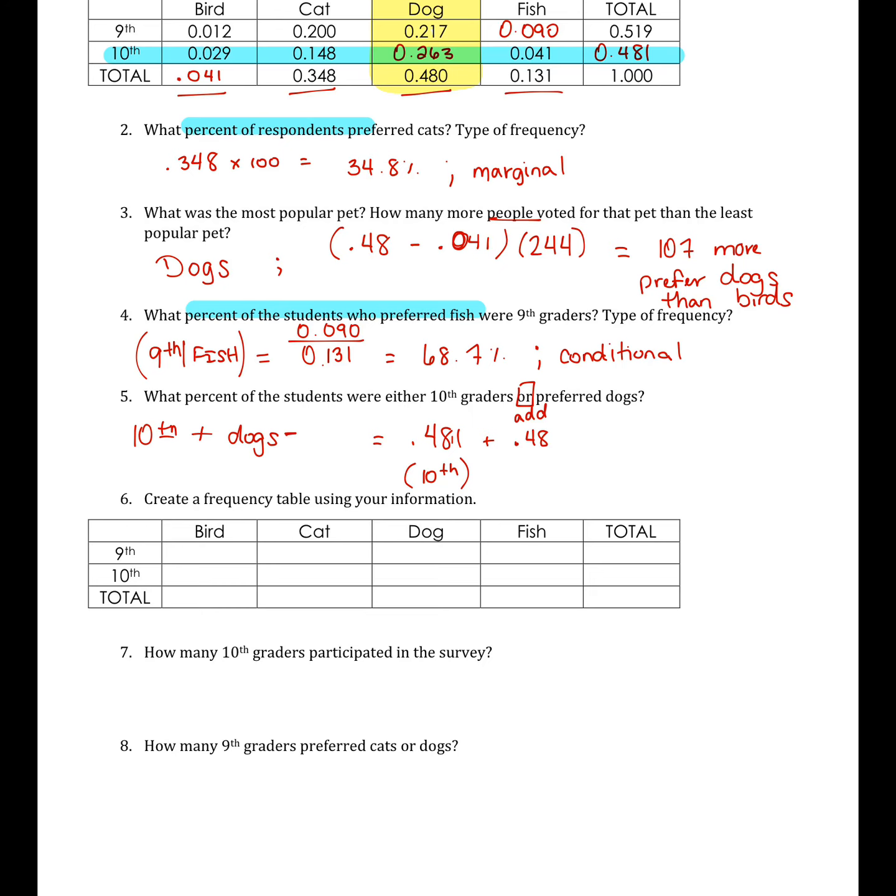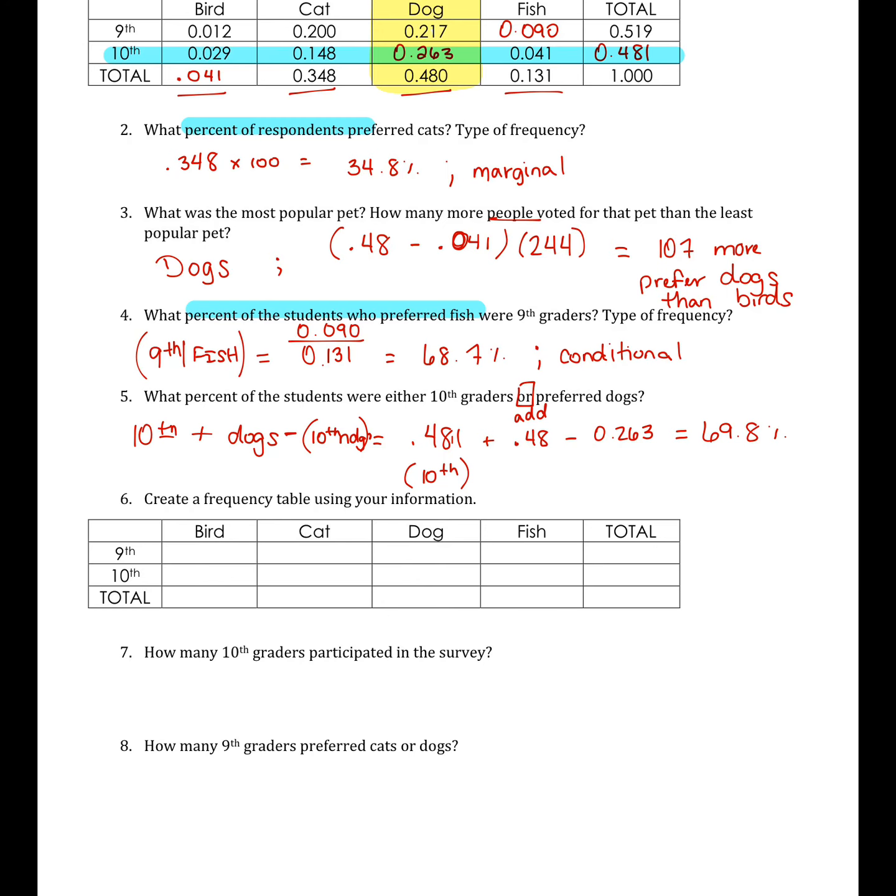We're going to subtract my intersection of 10th and dogs, that 0.263, and when I do that, I end up with 69.8%.